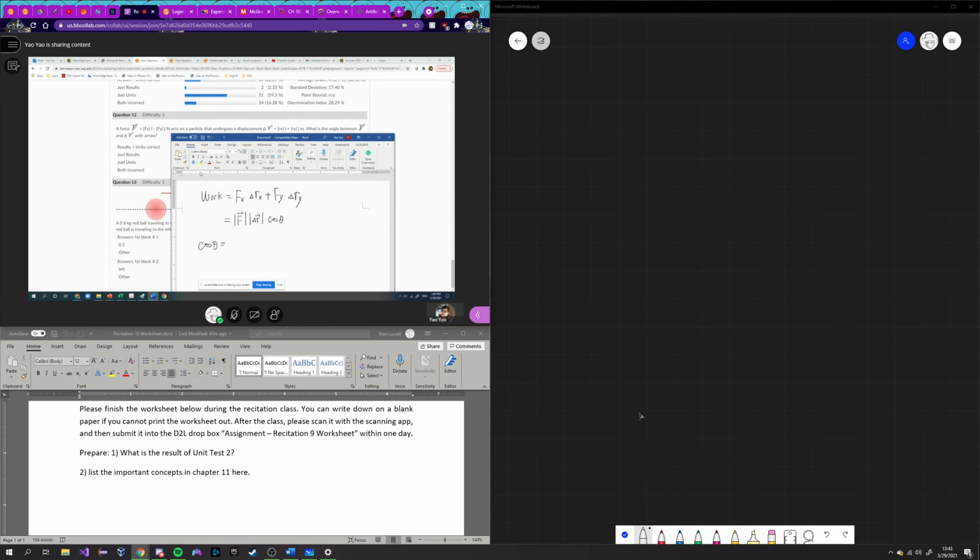And that's why cosine theta equals Fx times delta Rx plus Fy times delta Ry, over the magnitude of the force times the magnitude of the displacement.